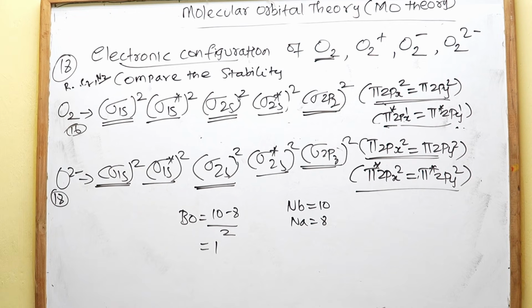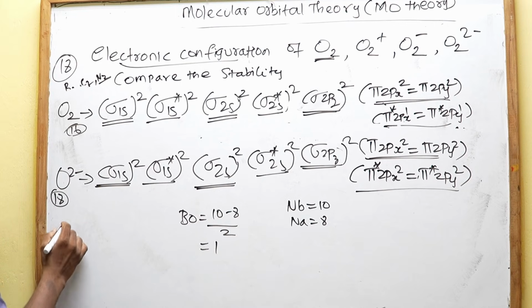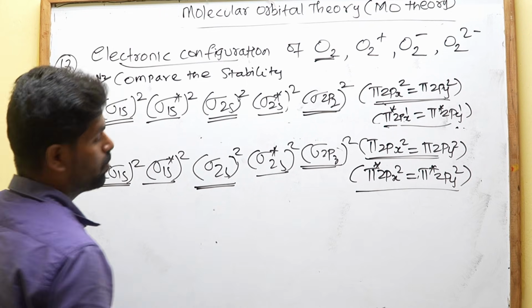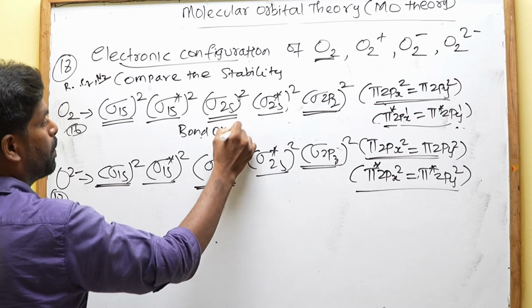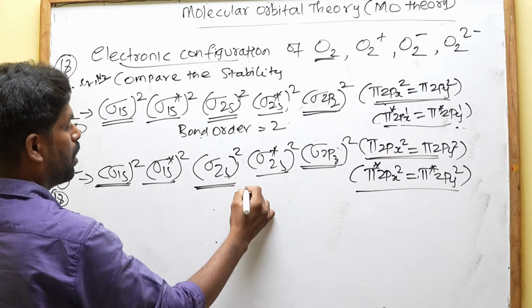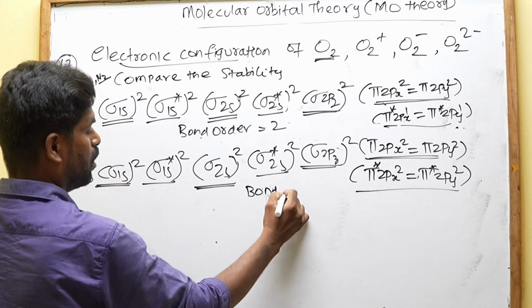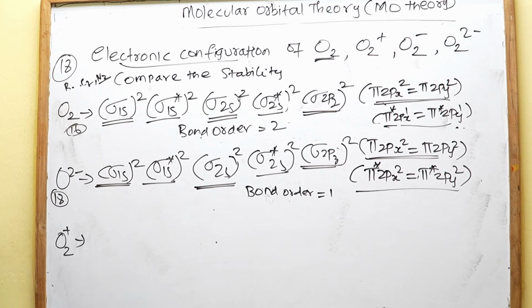Similarly, can we calculate for O2 plus? The bond order for dioxygen is 2, and the bond order for O2 minus is 1. Let's calculate for O2 plus.